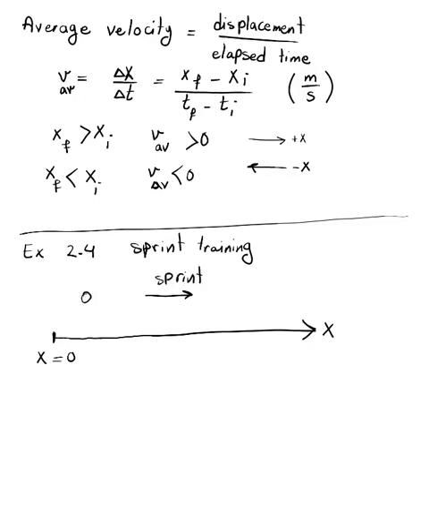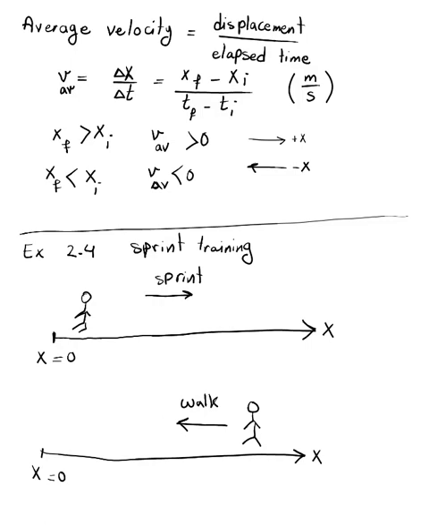Here is the athlete who is sprinting, and on the way back I still consider the positive x-axis here, but then he is walking back. Here is walking, and this arrow shows the direction of the motion.